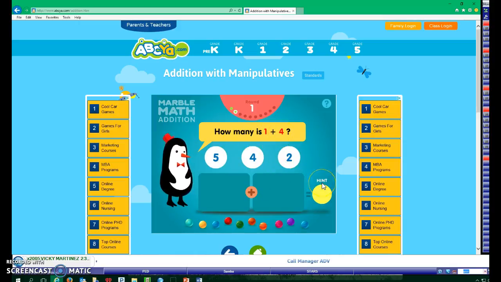If kids are not too sure, well, the hint button isn't working, but we'll do this again. 1 plus 4, so 1, 2, 3, 4, and we'll count them all together. 1, 2, 3, 4, 5.